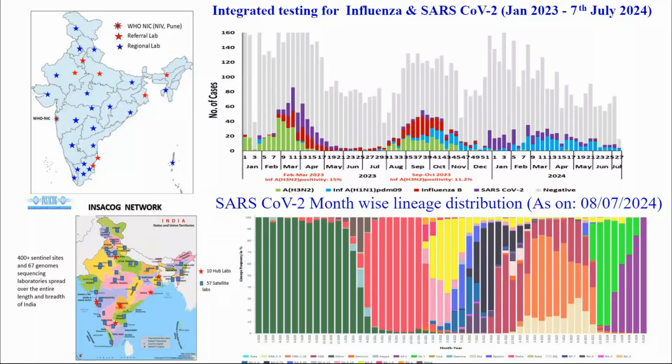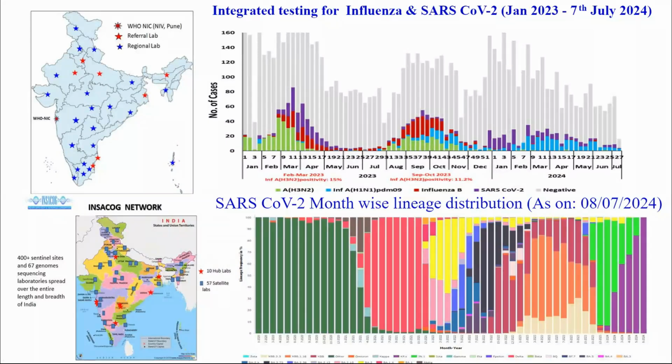Similarly, the SACOG network is generating the genome sequences for SARS-CoV, and we are seeing all the variants in the country, right from Delta to the currently circulating KP1 and KP2. So you can see the different time points and different lineages or variants of SARS-CoV in circulation.